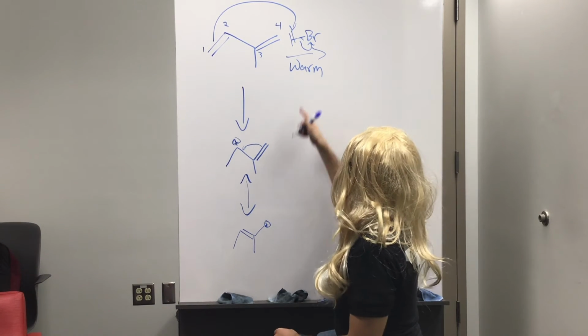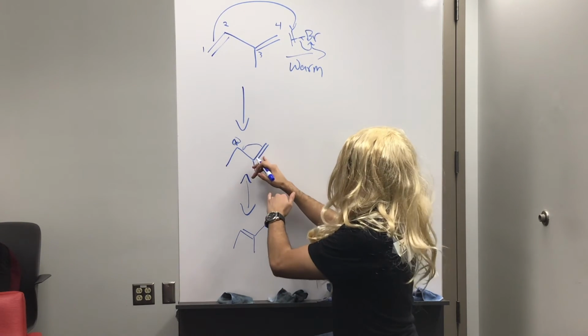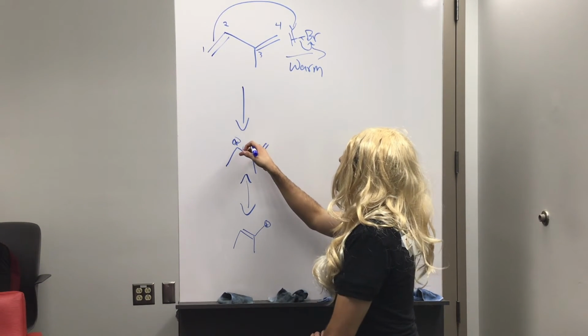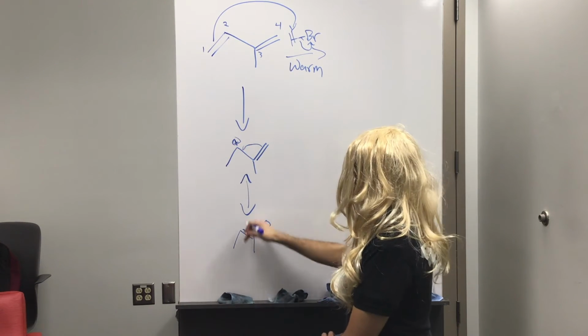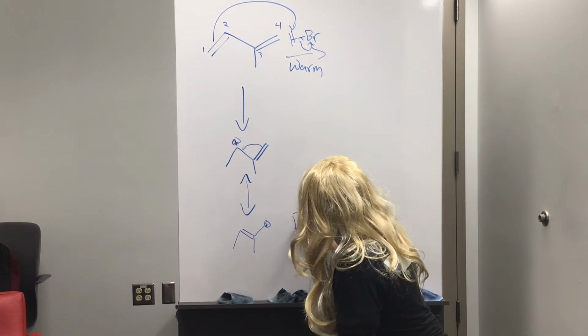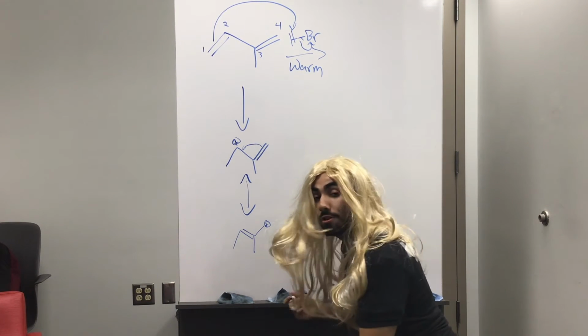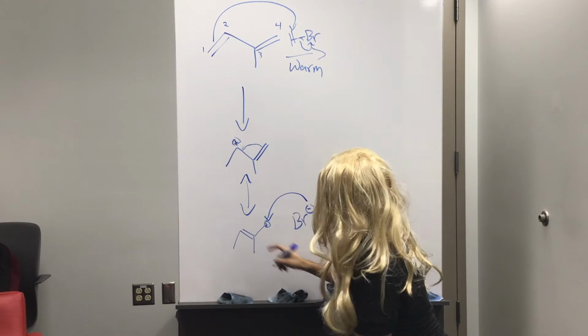So the bromine doesn't immediately react with this in a thermodynamic condition, because what's first going to happen is this double bond is going to attack this electrophile right here and form this new resonance right here. So now you have the bromine, or the nucleophile in this case, finally attacking this right here.